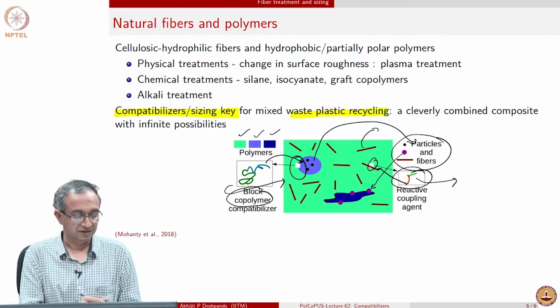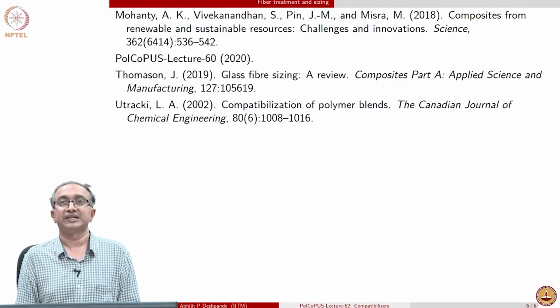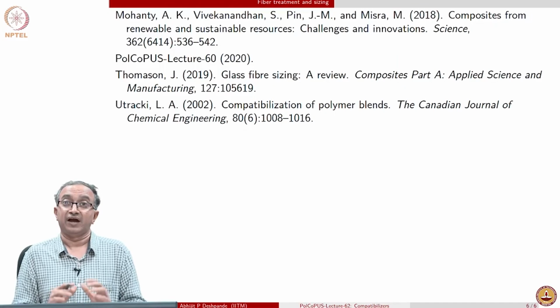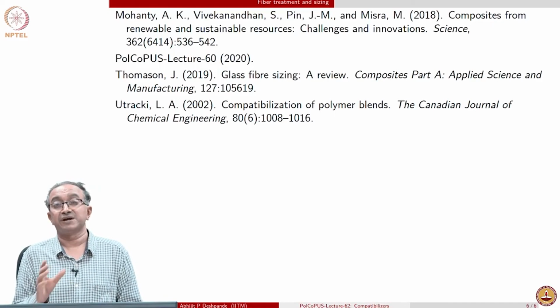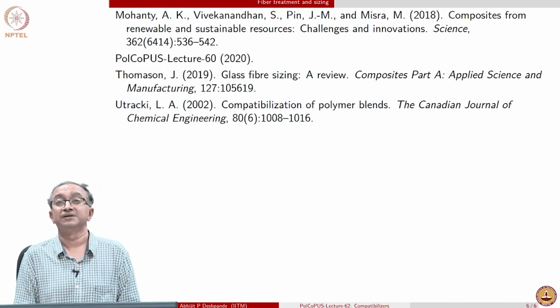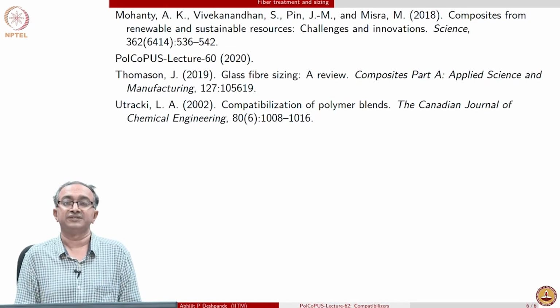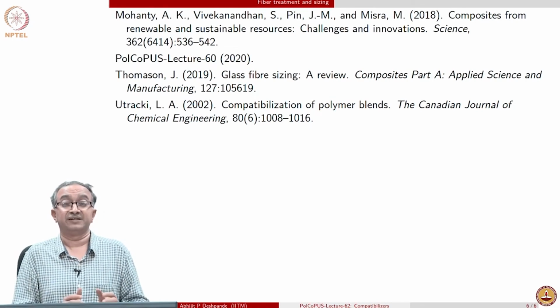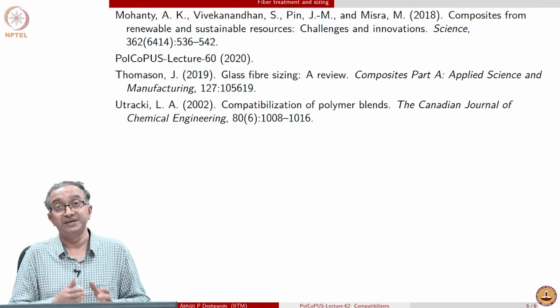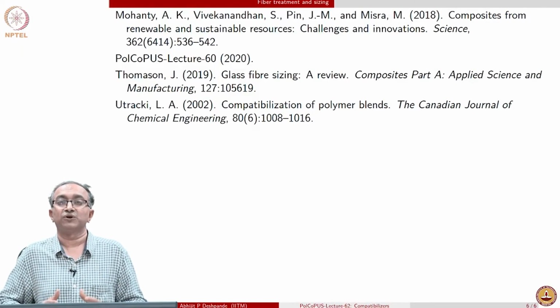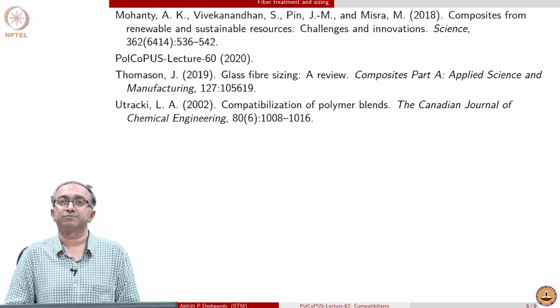With this thought, we will close this lecture, and I hope this gives you an idea that compatibilizers are very important as far as applications of polymeric systems go, and in fact, they are going to prove even more important when we want to recycle more and more waste plastics into useful products.